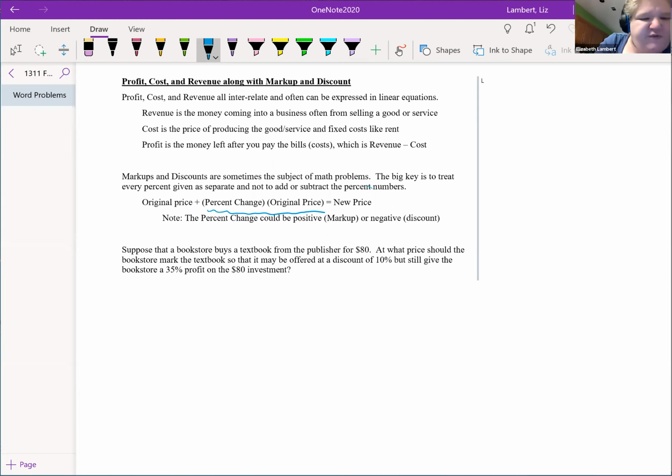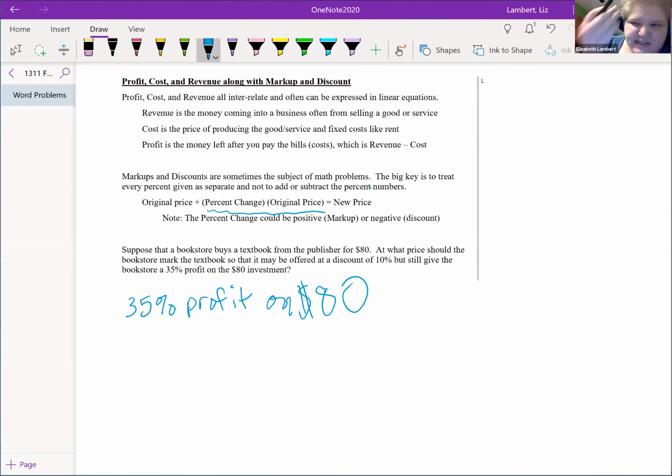So first we want to figure out what is a 35% profit on the $80. So in other words, what do I want to see as my price after the store discount? To figure that out, it literally is just going to multiply.